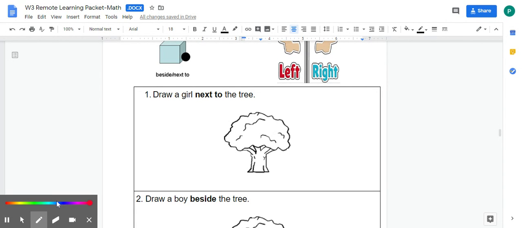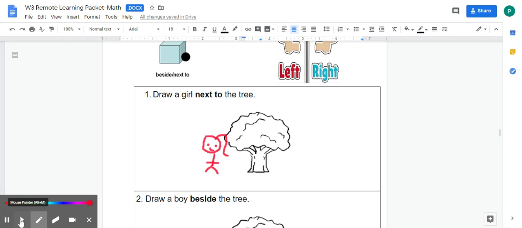I'm just going to show an example. Drawing a girl next to the tree. And there you go, I'm drawing a girl next to the tree. So that's just one example.